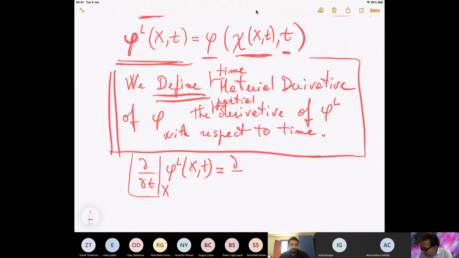So you have d over dt with small x blocked of phi, plus d over d small x of phi with t blocked, and we must derive chi over dt.